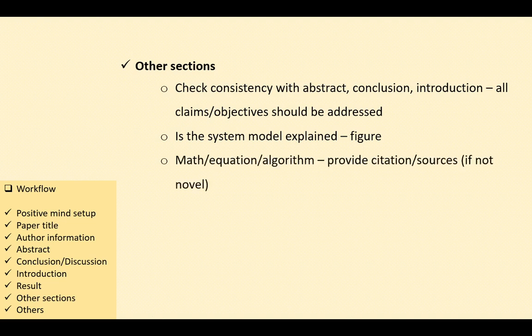Now the math, equations and algorithms. For any algorithm or important equations that are not developed and proposed by the authors, if those are taken from other sources and papers, they need to cite where they got the algorithm, the math and the equation.